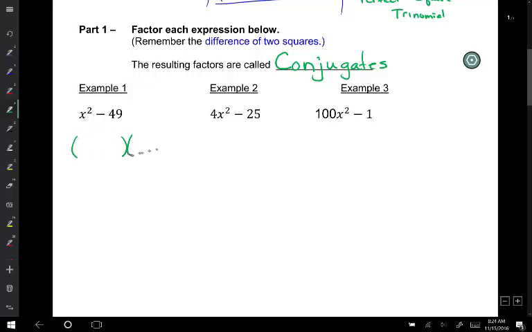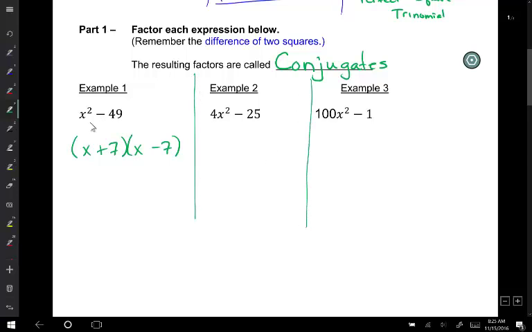And so what you need to realize is, what multiplies to 49 that adds to 0? 7 and negative 7. And so my answer is x plus 7 times x minus 7. And once again, those are called conjugates. These occur when you have something squared minus something else squared. So, yeah, that's the answer.